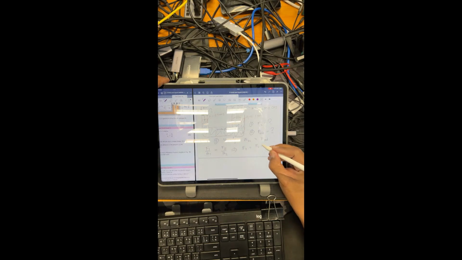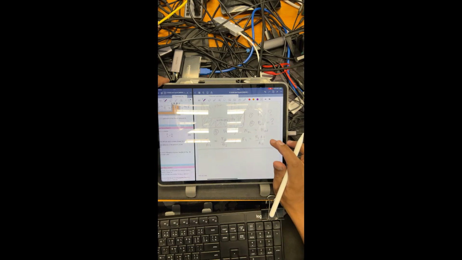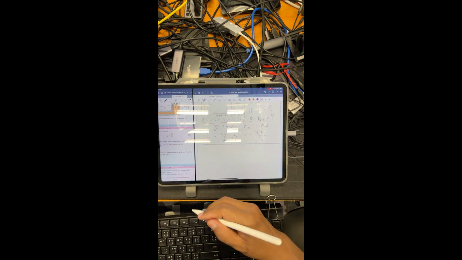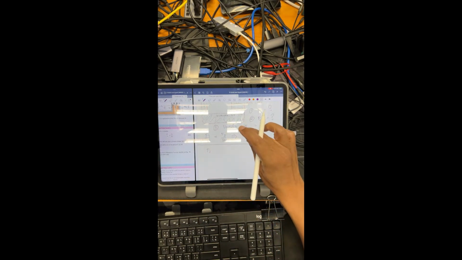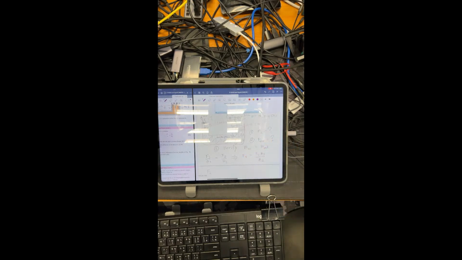F2 A1 divided by A2. You have to substitute everything. F2, what is that? F2 is the weight of the car.